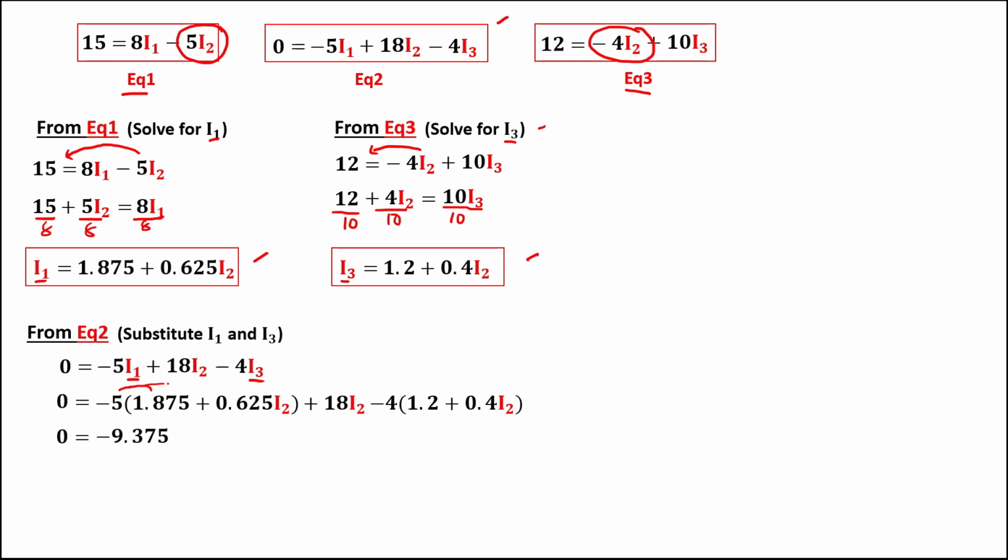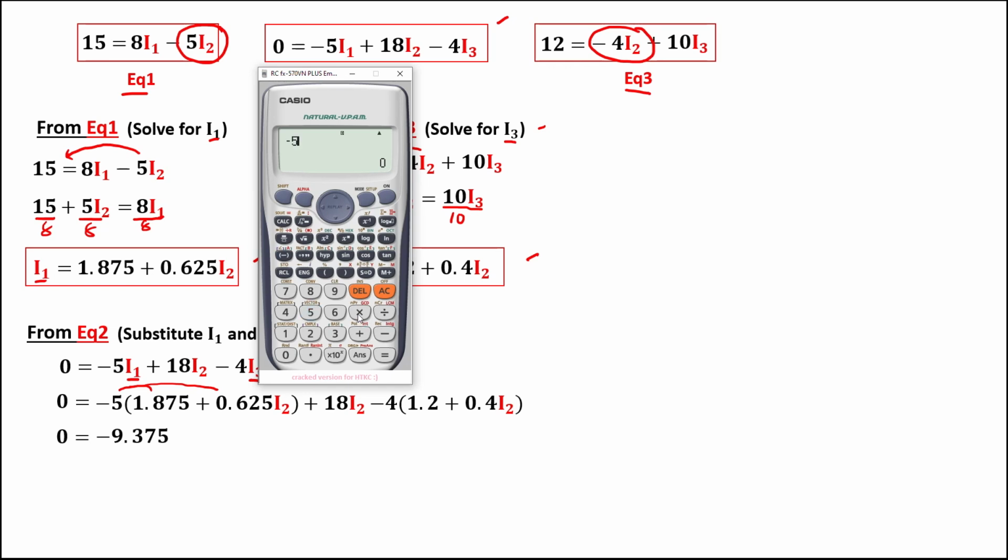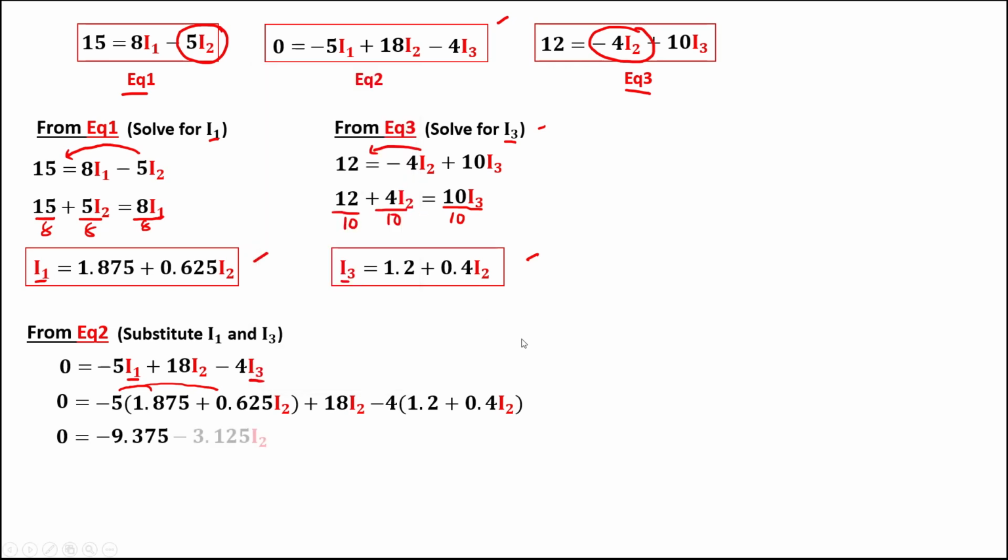And negative 5 times 0.625 is negative 3.125 times current 2. Then bring down the 18 times current 2. Then distribute the negative 4. So this is negative 4.8, and negative 4 times 0.4 is negative 1.6 times current 2.